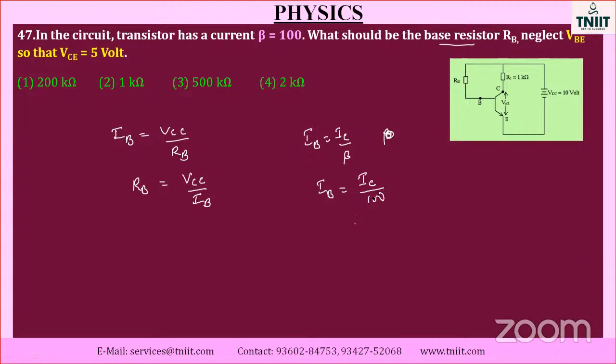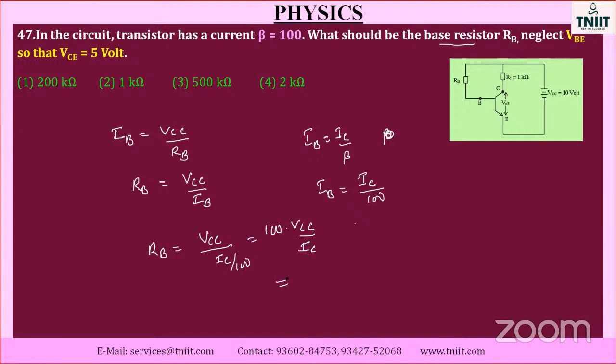So IB value is IC by 100. So RB is equal to VCC divided by IB, which is IC by 100. The 100 goes up: 100 times VCC by IC.